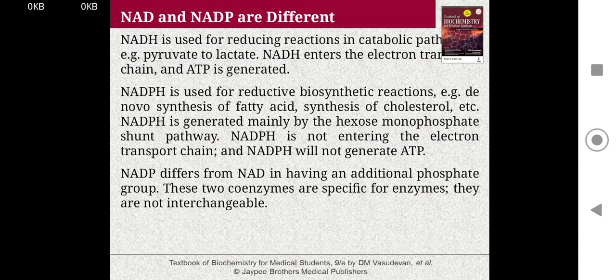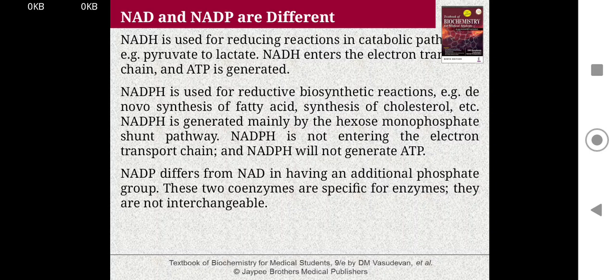Now, NAD and NADP are totally different. NADH is used for reducing reactions in the catabolic pathway, that is pyruvate to lactate, etc. NADH enters the ETC to generate ATP. And NADPH is used for reductive biosynthetic reactions, that is the de novo synthesis of fatty acids, cholesterol, etc. NADPH is generated mainly by the hexose monophosphate shunt pathway.